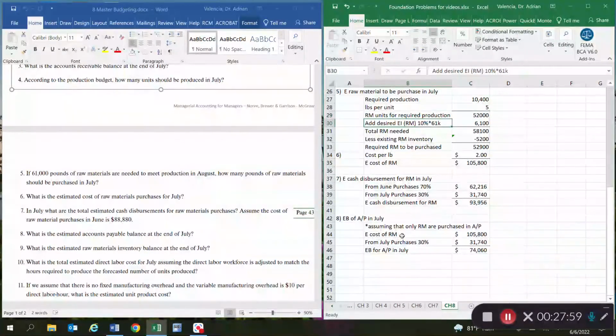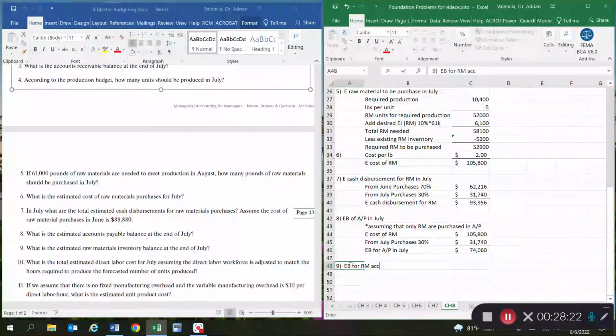And then we added 10% of next month's amount. So what that means is that once July passes, we should have this amount left over of raw material, this amount of pounds. So I'm going to put in here 9, and this is going to be the ending balance of raw material for raw material account in July.